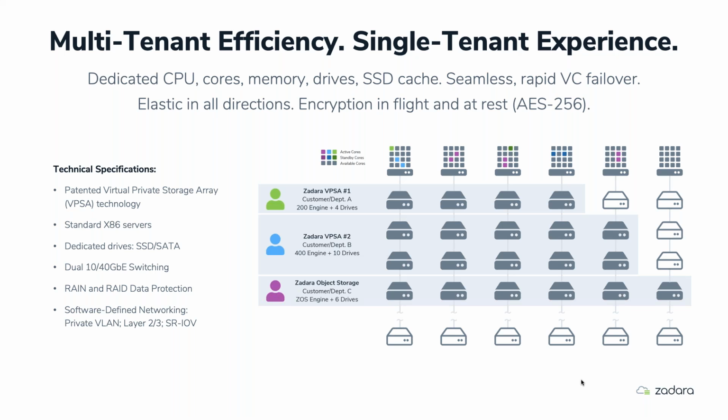They can be created on an application or even multiple for applications that provide different characteristics. Every one of these VPSAs has dedicated resources. So they have their own CPUs, they have their own RAM, they have their own storage media, they have their own cache. So there are no shared resources for these virtual arrays. And that means that you get consistent high performance, even when you have a whole lot of them.